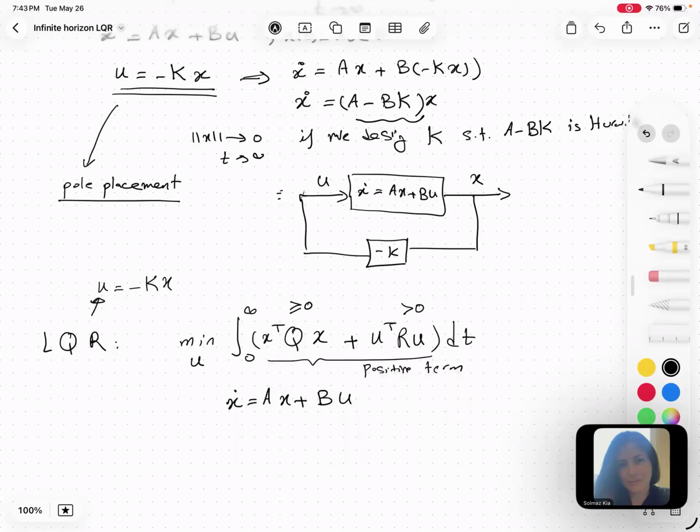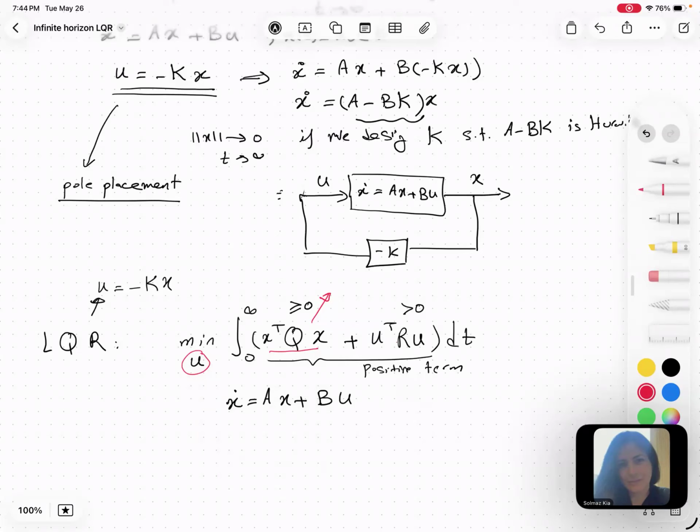And you can think of the integral as adding up these terms at different times along the history of the system. Through this, what we are accomplishing is basically penalizing deviations of the state from zero. So the further the states are from zero, this first term is going to be more positive, and your objective is to minimize this. So the objective of regulation is now to use a controller that keeps this small.